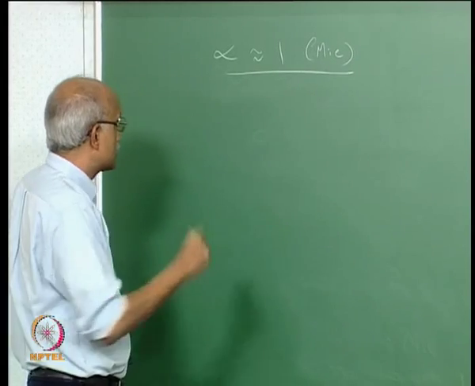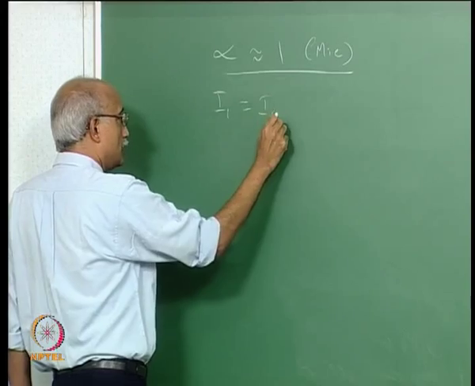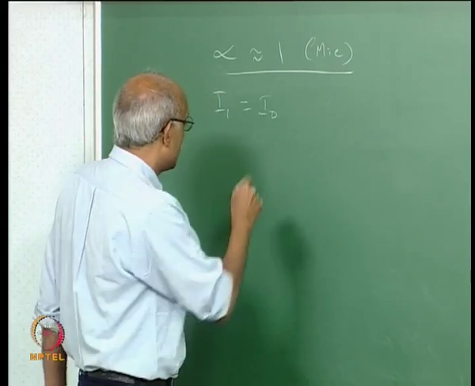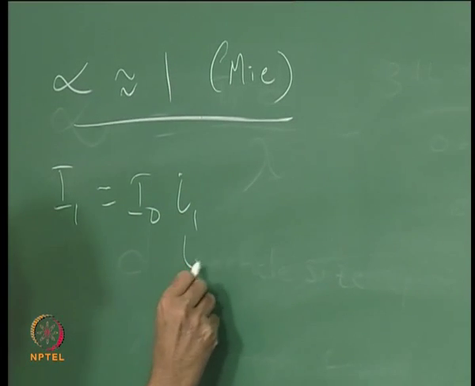In this size range, again there is a linear relationship between I1, I2 and I0, but then you introduce something called a lowercase i, which is called the Mie scattering parameter.